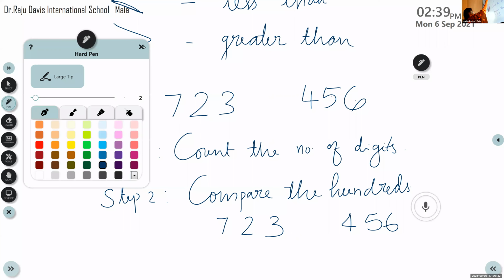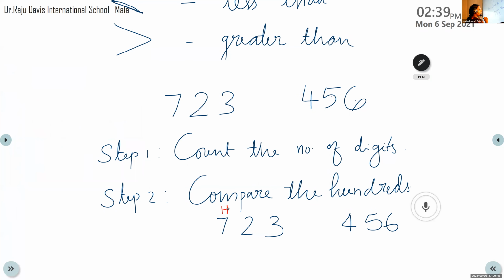Let us mark the places. Here we can see 7 is at the 100's place, 2 is at the 10's place, 3 is at the 1's place. The same way in 456, 4 is at the 100's place, 5 is at the 10's place, 6 is at the 1's place.